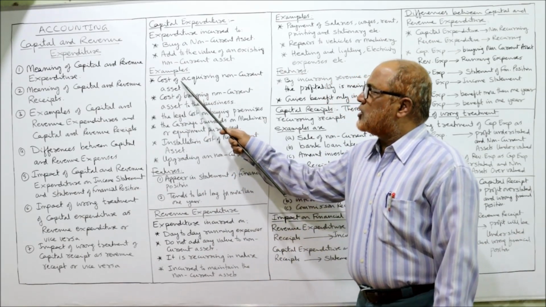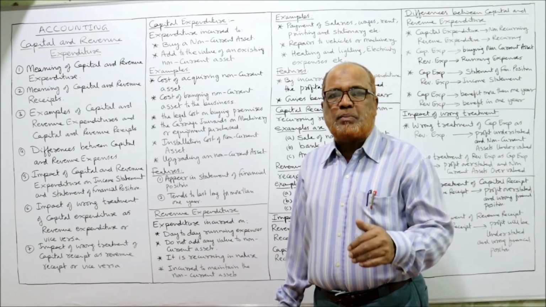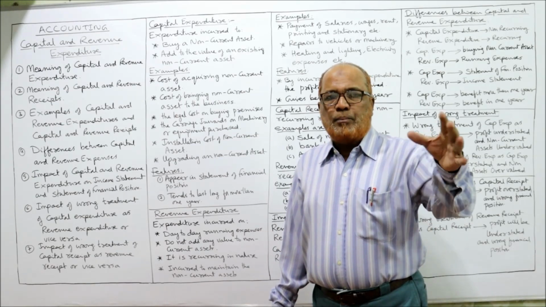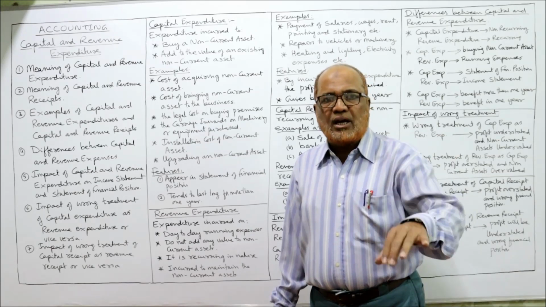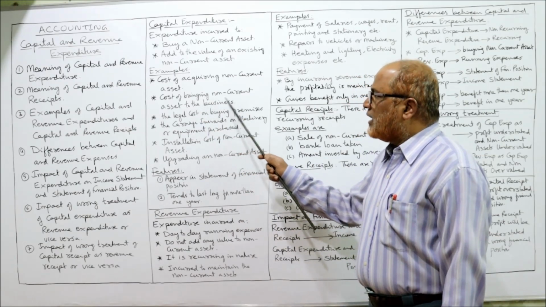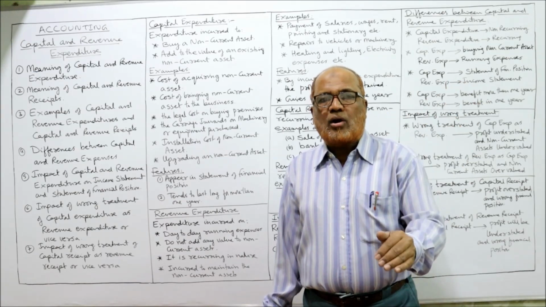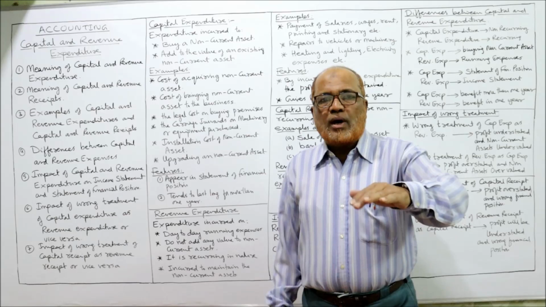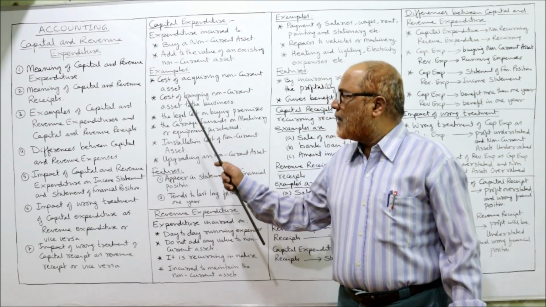Examples of capital expenditure: cost of acquiring a non-current asset. Acquiring means purchasing. The cost incurred in purchasing machinery, furniture, a vehicle, or equipment is called capital expenditure. Secondly, the cost of bringing a non-current asset to the business. Any expenditure incurred in bringing the non-current asset to the place of business, that is incidental expenditure, is also capital.